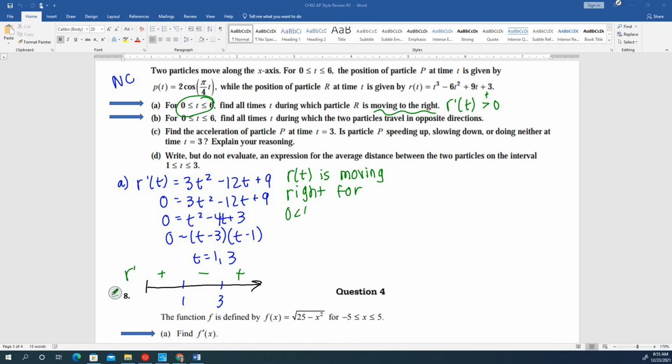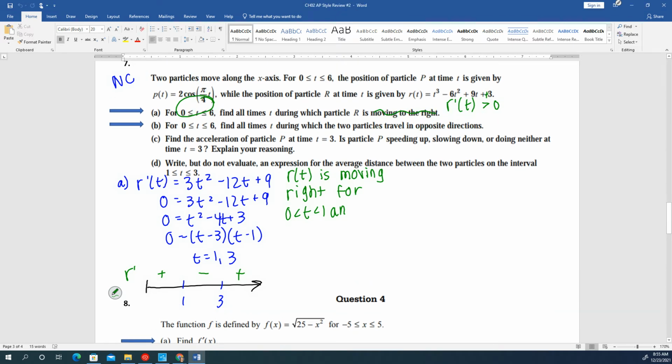From 0 to 1. You don't want to include 0 or 1 because technically it's at rest at 1. And from 3 to 6, because this doesn't go on forever. You could cap it at 6 like this if you wanted to. And 3 to 6, since the derivative is positive on those intervals.